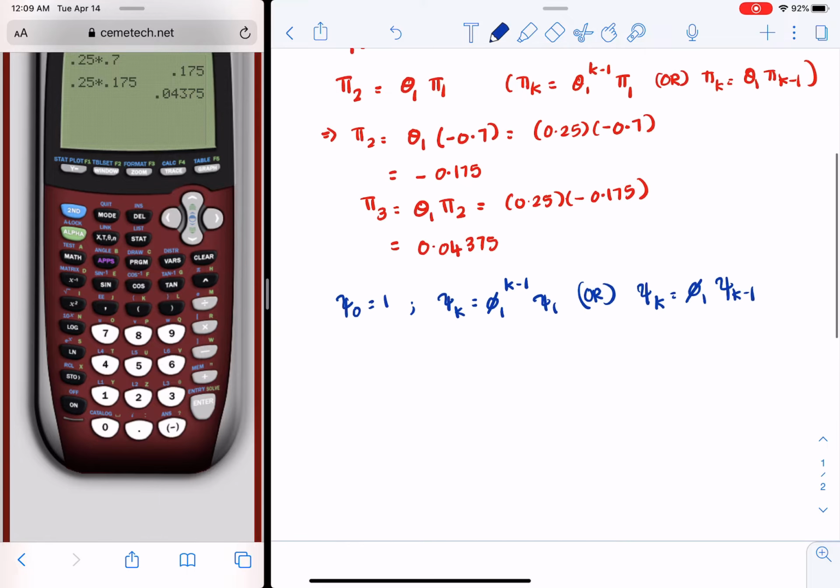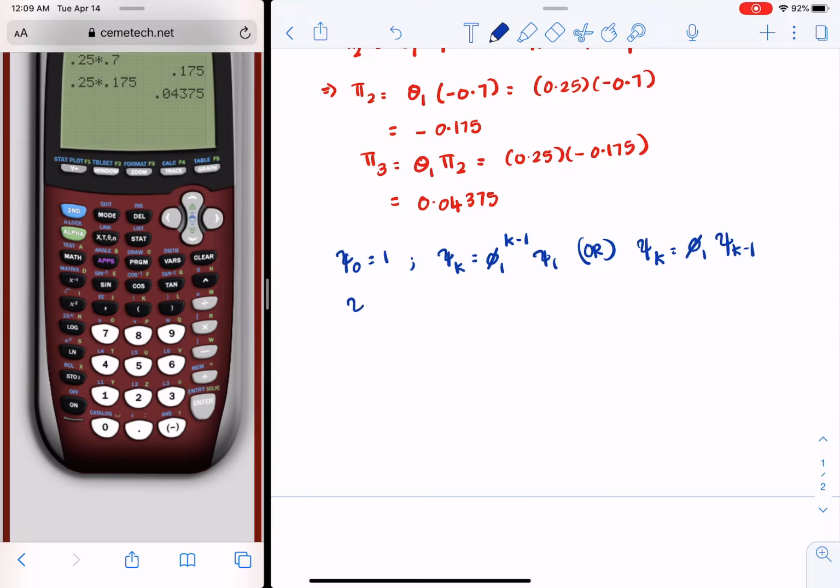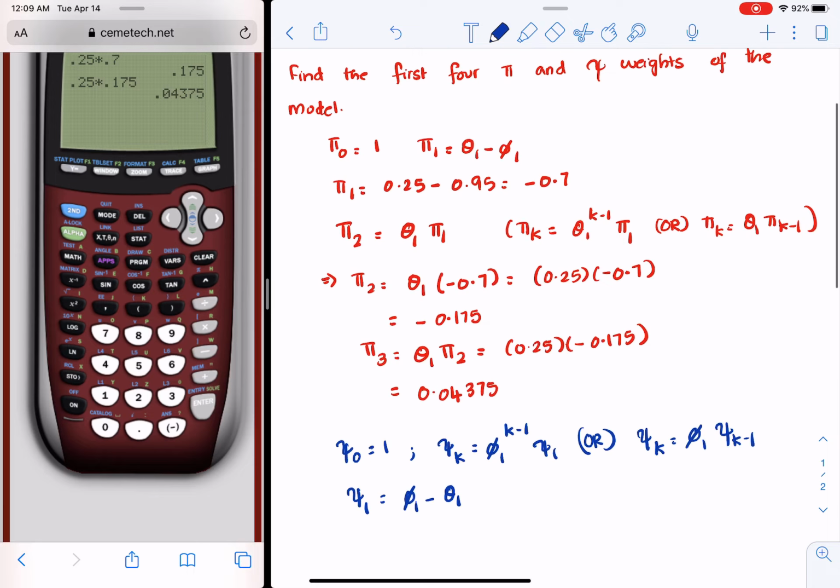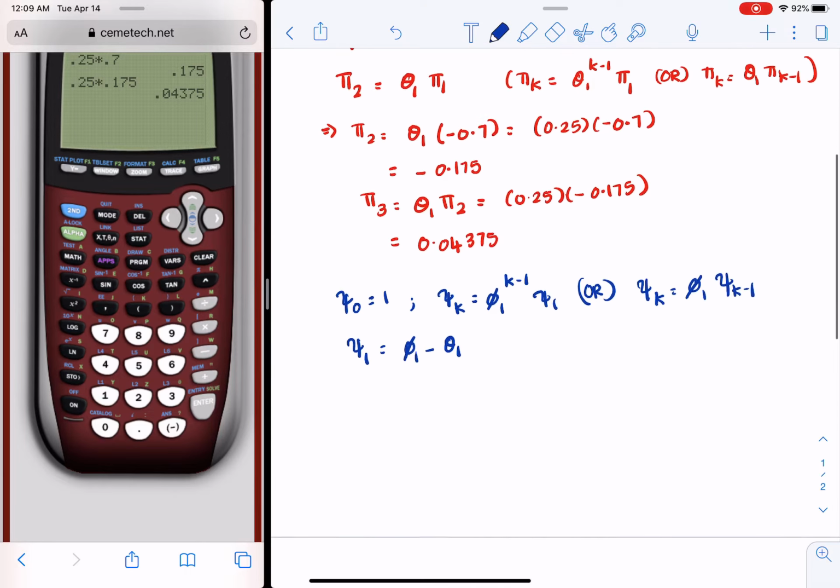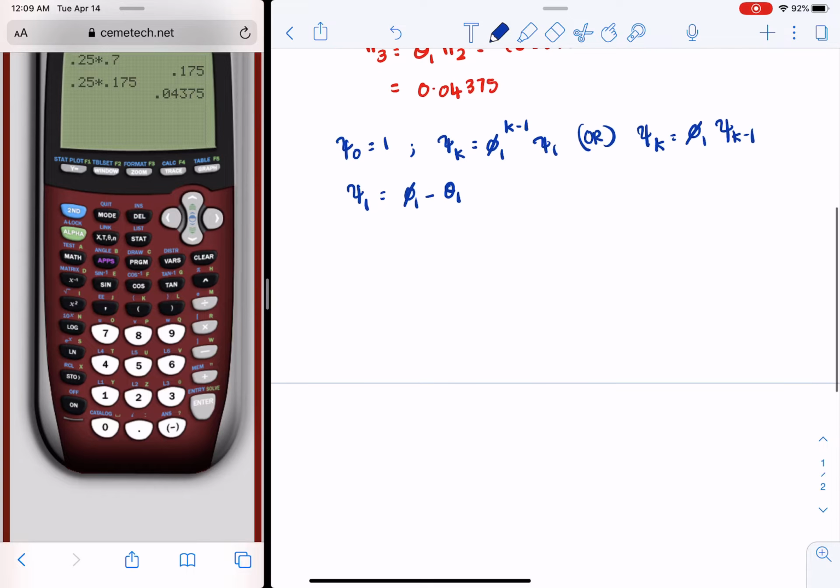So in this case, the first psi would be phi 1 minus theta 1. So with pi's, we had theta 1 minus phi 1. With psi's, we have phi 1 minus theta 1.